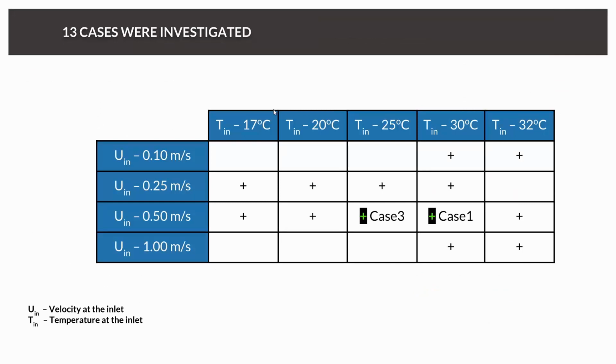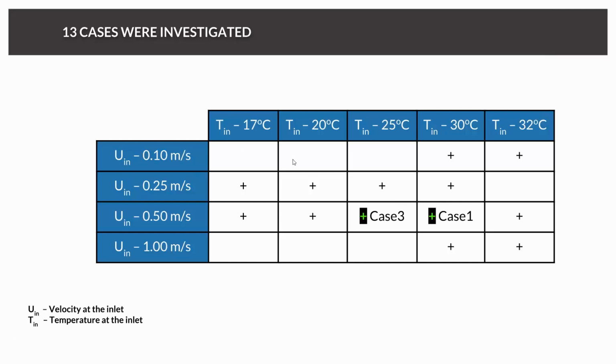As I mentioned, there are a lot of different reasons to use simulation, and a lot of different strategies for optimization. In this case, we want to focus on a very simple approach, which can also be applied at a very late stage of building design, which is to optimize the inlet temperature and flow velocity. And therefore, we have created at least 13 different cases, which are visualized here.